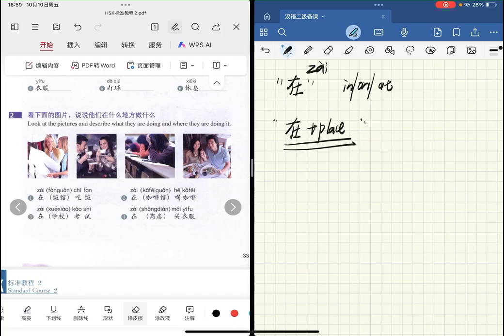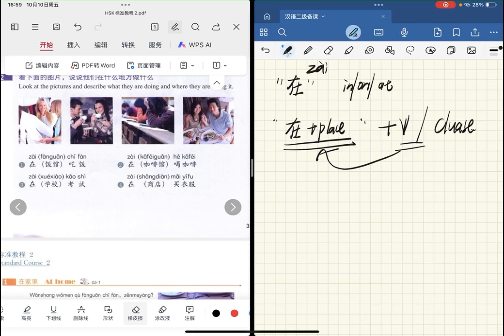It expresses doing something at a particular place. So let's see, for example, the first one.